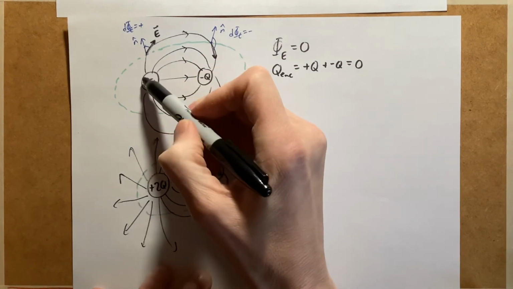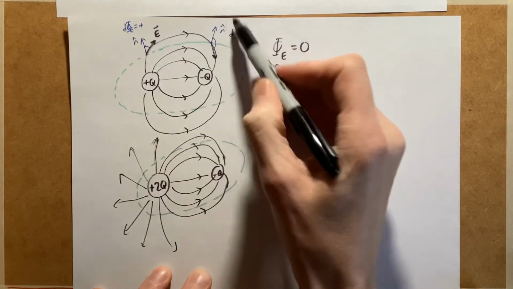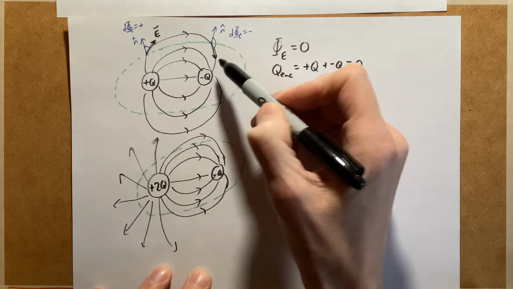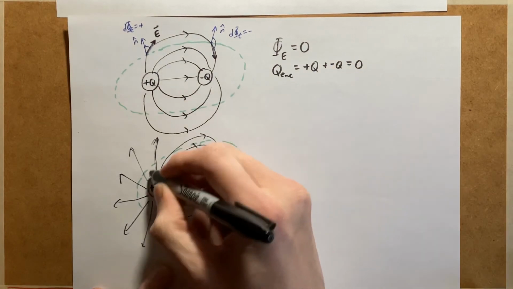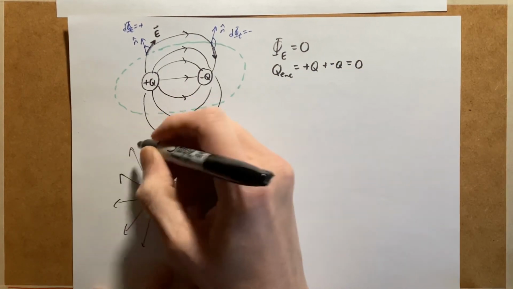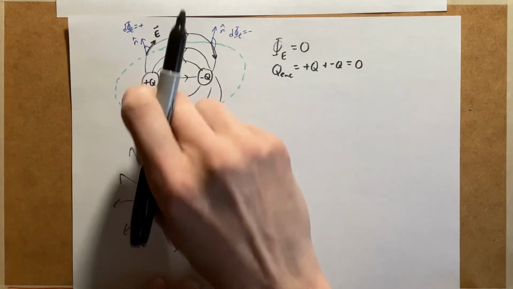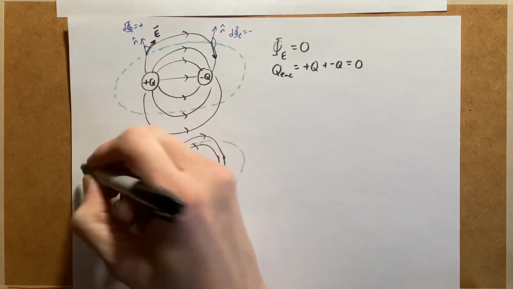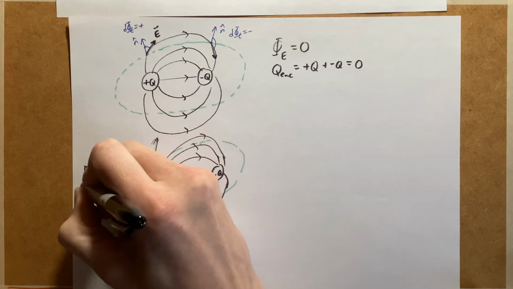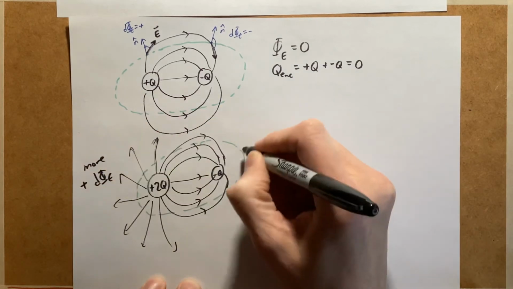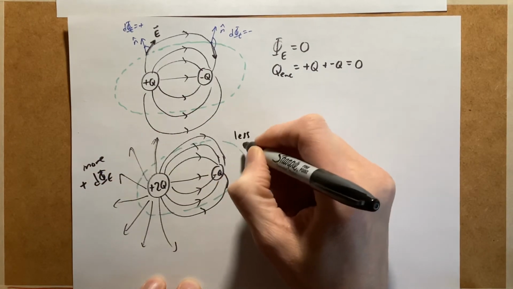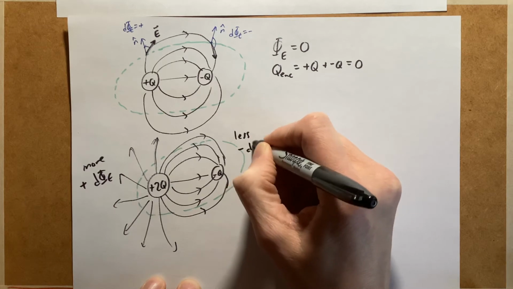So over here, every line that left and got positive flux counted came back in and got negative flux counted. Some of these lines that go out of the surface go out forever. There's going to be now more positive contributions to the flux and, in comparison, less negative flux.